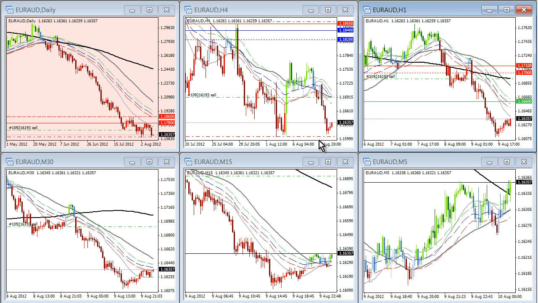I need that major psychological level to break for more follow-through. I've already realized, I believe, profit on half of my position here. So I've just got either half or a third lingering in this market, and its job then is to allow me, with less exposure to the market, to try to capitalize on the follow-through to the downside.